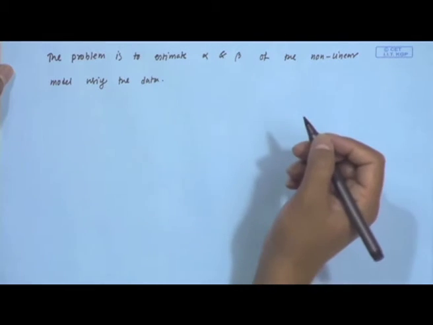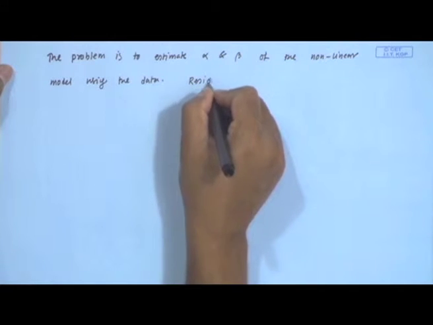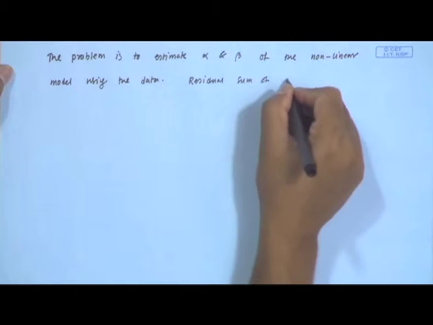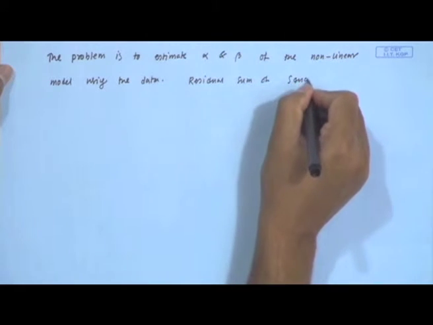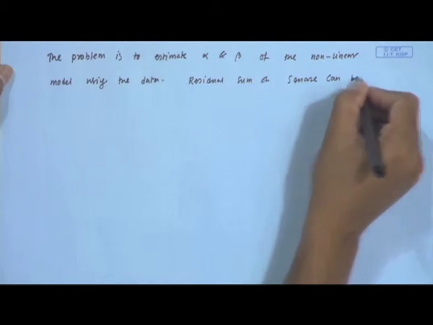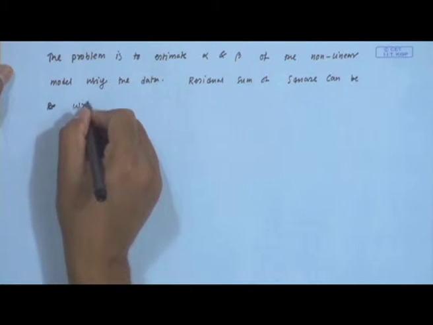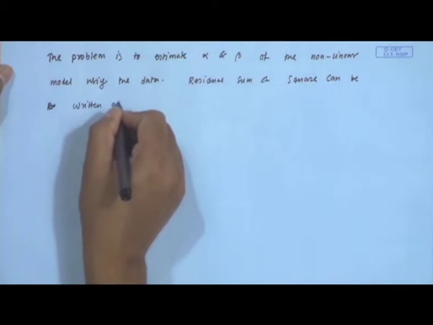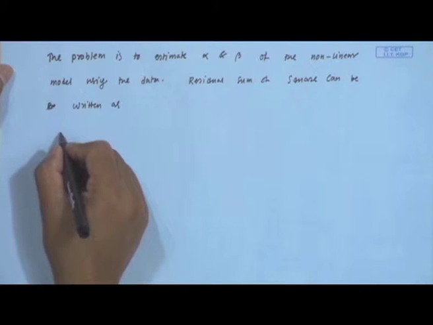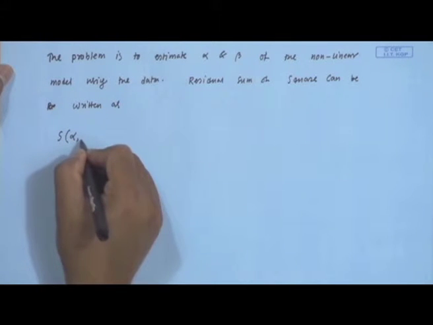Okay. So, the residual sum of squares can be written as, you can say it is the residual sum of squares, or maybe the least squares function, S(alpha, beta).